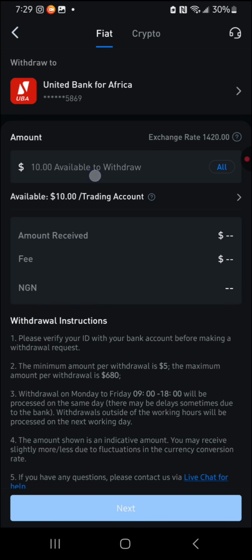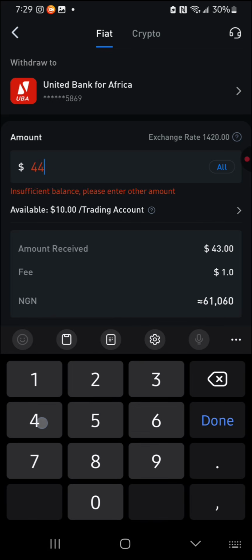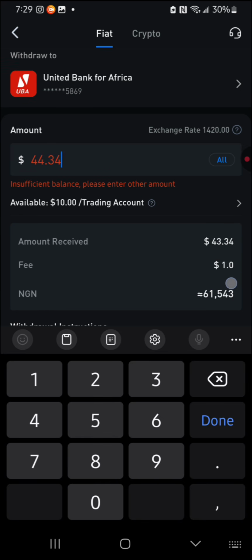So imagine we come on here and sell that 44.34 for that price. We should get about 61,543. Look at this. $1 will be deducted as a fee, though. We are still going to be left with about 1,543 profit. Imagine doing this up to like 20 times in a day.